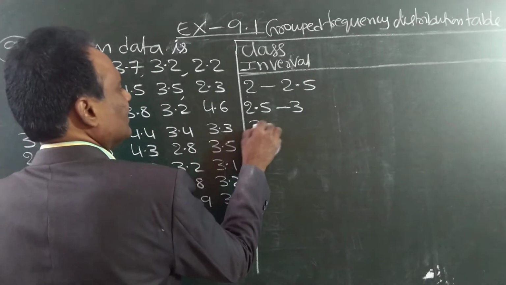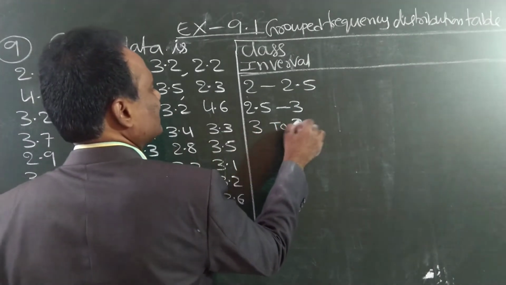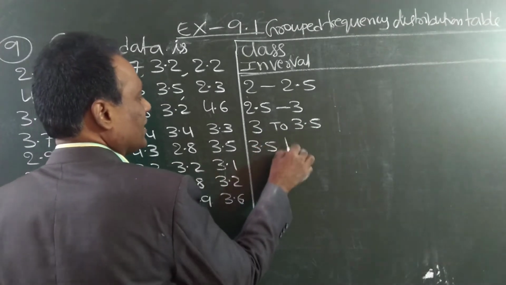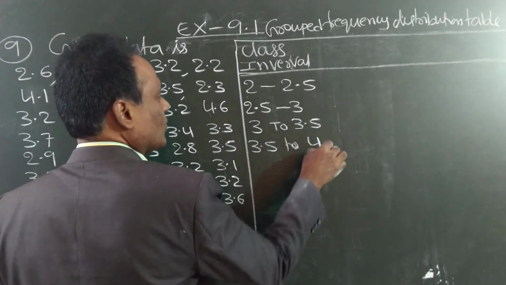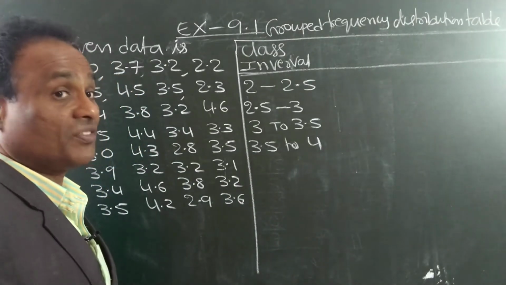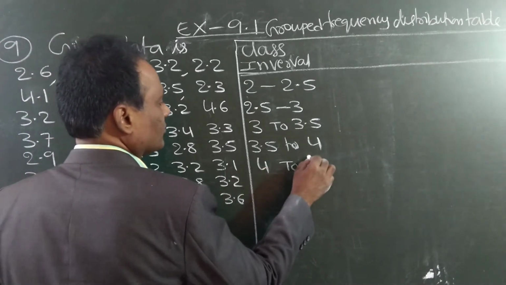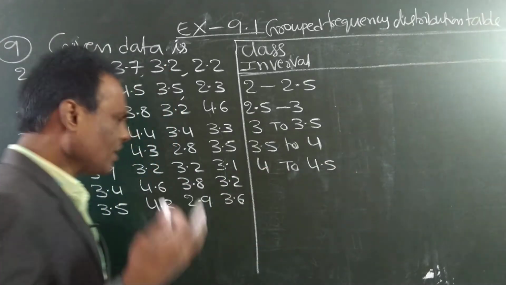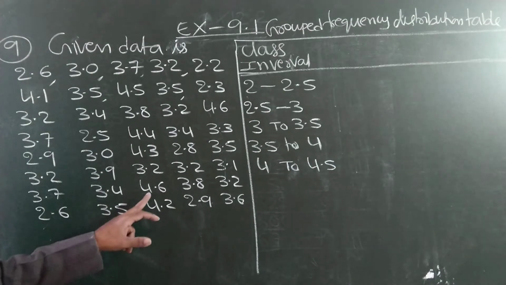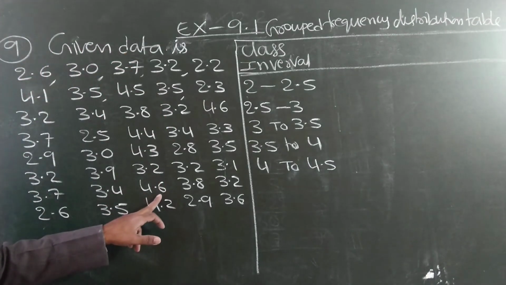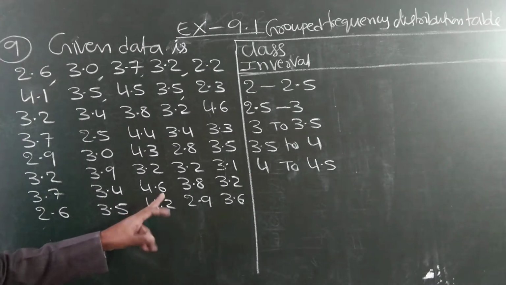Next 3 to 3.5, 3.5 to 4, 4.0 means we write only 4 because of the decimal, no? 4 to 4.5. Up to which number? The maximum highest is 4.6 only.